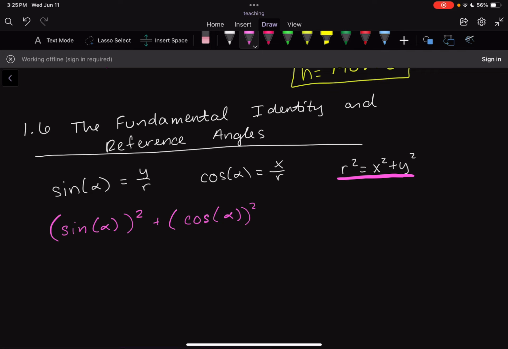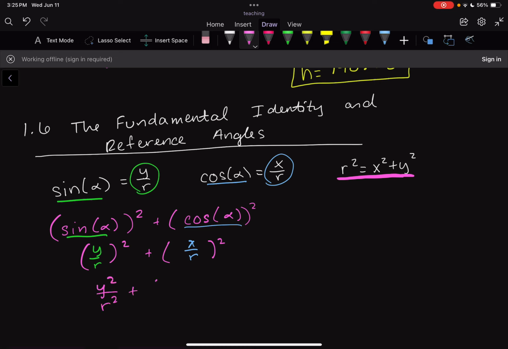So I can replace sine of my angle with y over r. So that's going to be y over r squared plus, and I can replace cosine of my angle with x over r. This is going to give me y squared over r squared plus x squared over r squared. Then I can write it as one fraction, so y squared plus x squared over r squared.